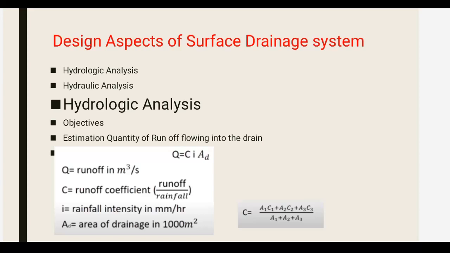First, capital C, that is runoff coefficient, depends mainly on the type of surface and the slope. The C value may be taken as say 0.8 to 0.9 for bituminous or cement concrete surface or pavements, 0.35 to 0.7 for gravel or WBM pavements, and 0.4 to 0.65 for impervious soil, and for pervious soil it is very less, that is 0.05 to 0.3.